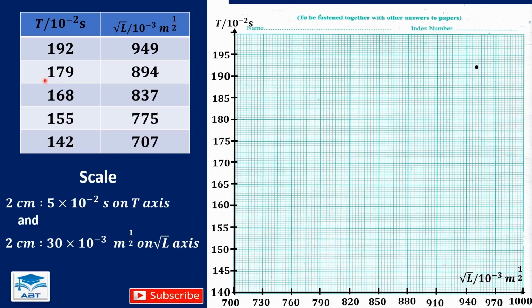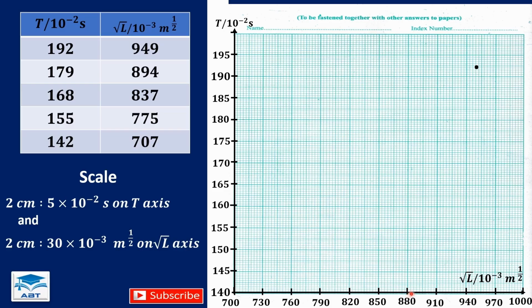The next one we have 179. So this is 175. 2 boxes is equal to 1. So we count 8 more boxes to get 4 added to the 175, making 179. And 894. This is 880. 1 box is 3.